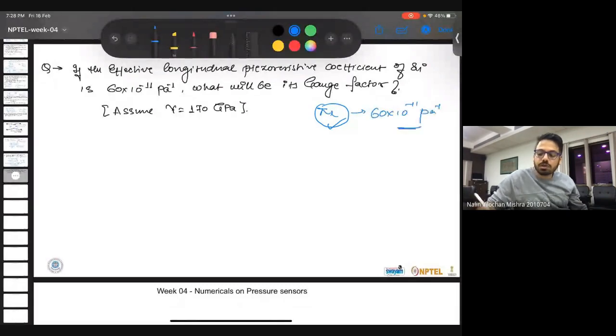Then you need to calculate the gauge factor. The formula for gauge factor we know, it's del R by R by strain.